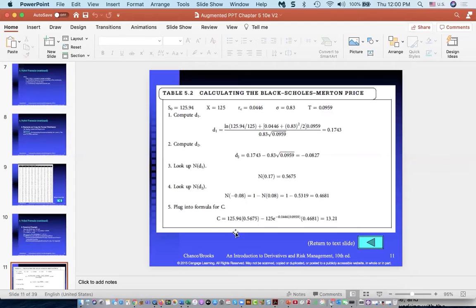So we'll call this, yes, the call option price via Black-Scholes, but we will also call this the true value. When we apply DDM to stock valuation, we say that the DDM value is the true value. So I gave you two numbers. 23.50 is the DDM value, the fundamental value. The fundamental analysis that you are doing gives the true value.